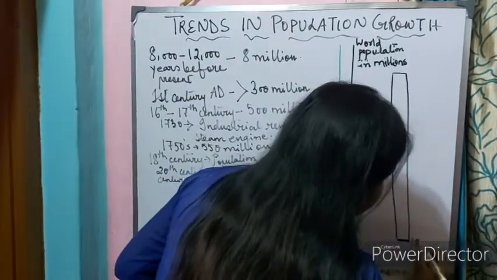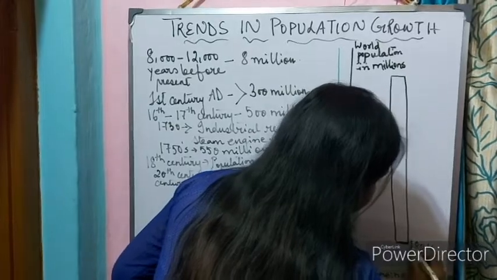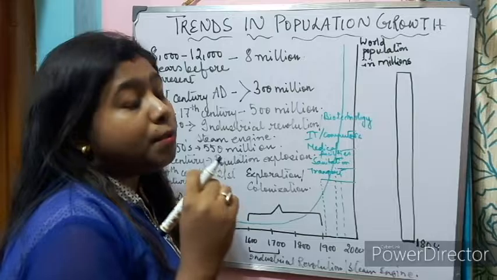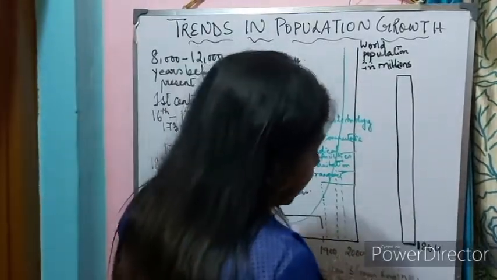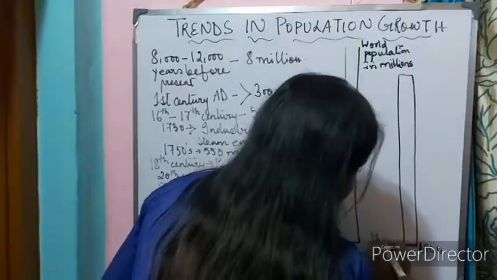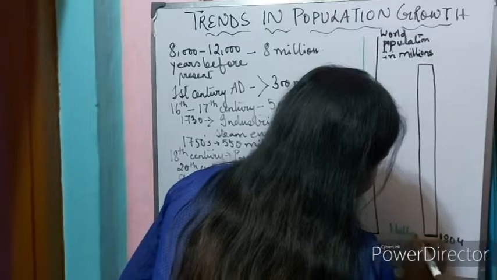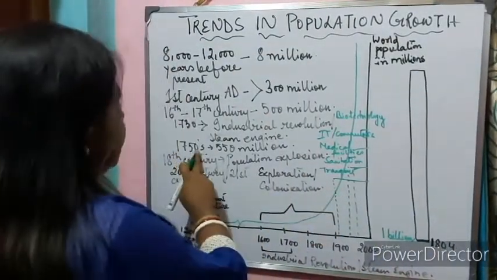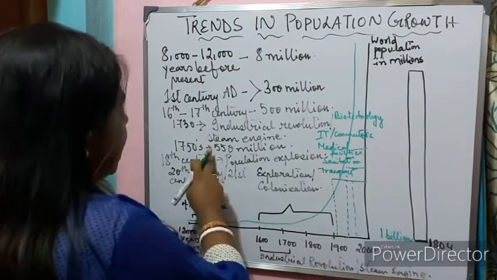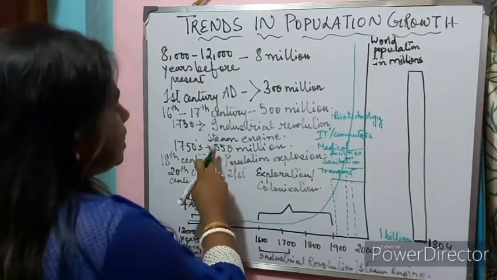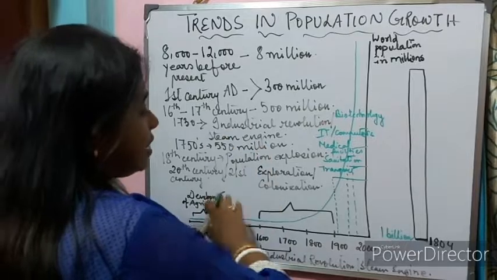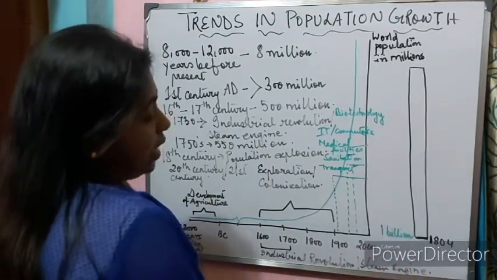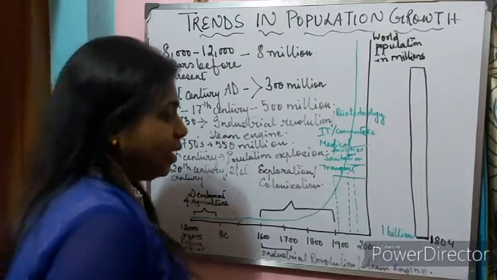In 1804, the world reached its first billion. That means the population of the world was 1 billion. You can see here that from the 1750s to 1845, in 1750 the population was 550 million, and in 1804 the population exploded and became 1 billion.